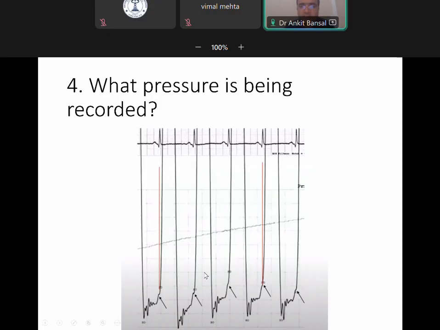Which value will you take? Siddharth has answered correctly. You have to take the highest value. So if you are measuring with respiration, then you have to take either the end expiration value or the highest value.